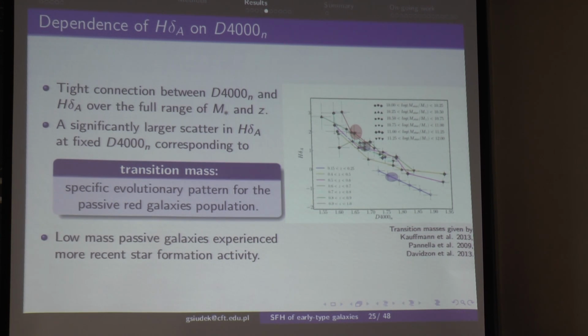And here we have the combination of these two relations. We have the H delta as a function of D4000, and we can see that there is a very tight correlation.